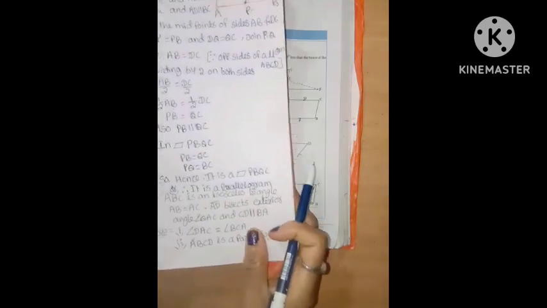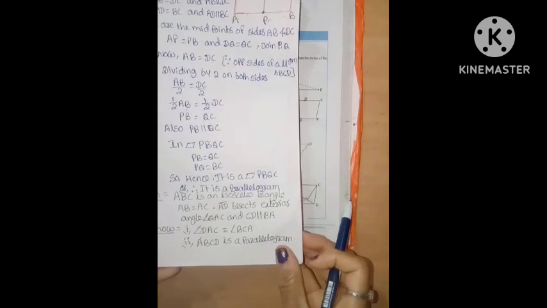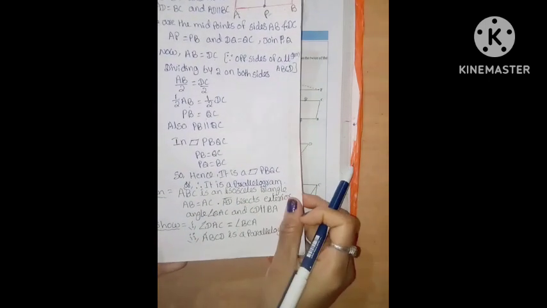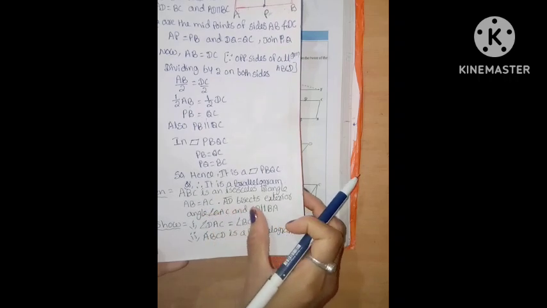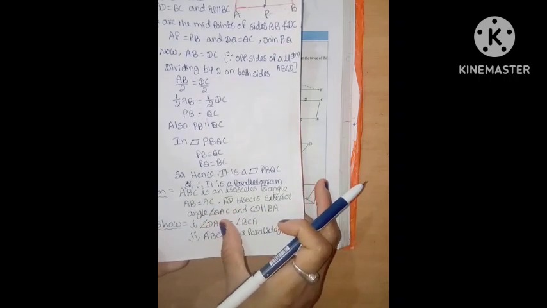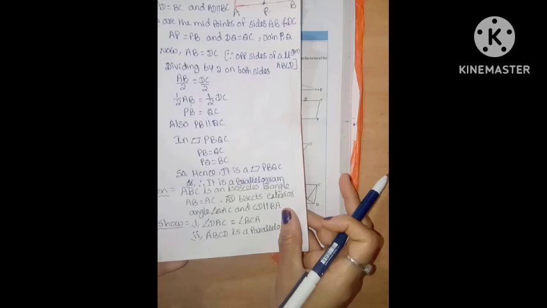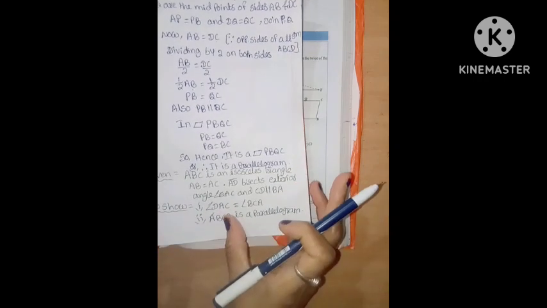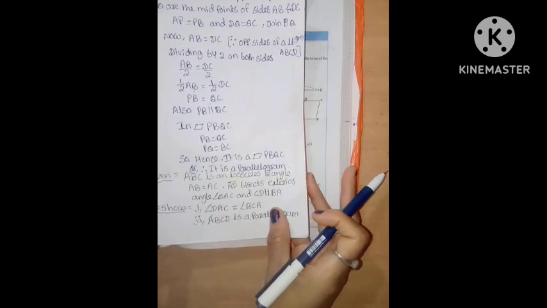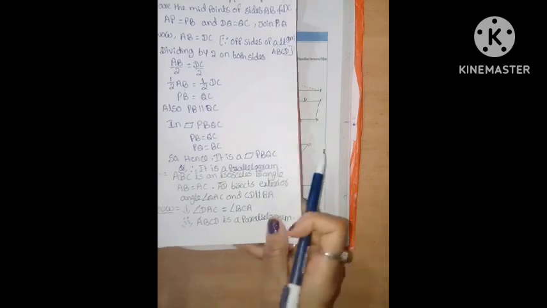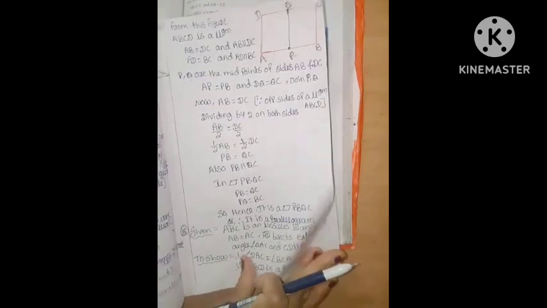We have to show that this question. Okay, are you understood? Next question, given is ABC is an isosceles triangle and AB equal to AC and AD bisects exterior angle QAC and CD parallel to BA. To show these two questions, angle DAC equal to angle BCA and second one ABCD is a parallelogram.